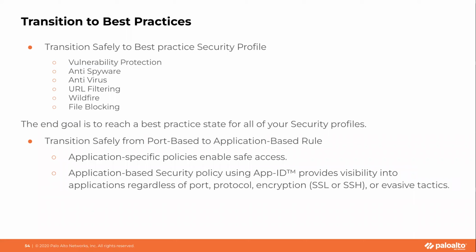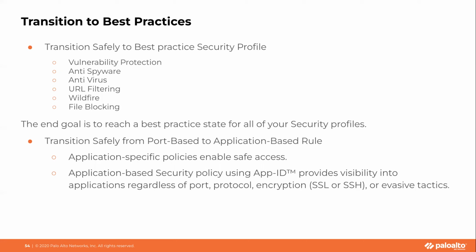Security profiles enable you to inspect the traffic for threats such as vulnerability exploits, malware, C2 communication, and even unknown threats, and prevent them from compromising your network, using various types of threat signatures. The end goal is to reach a best practice state for all your security profiles.